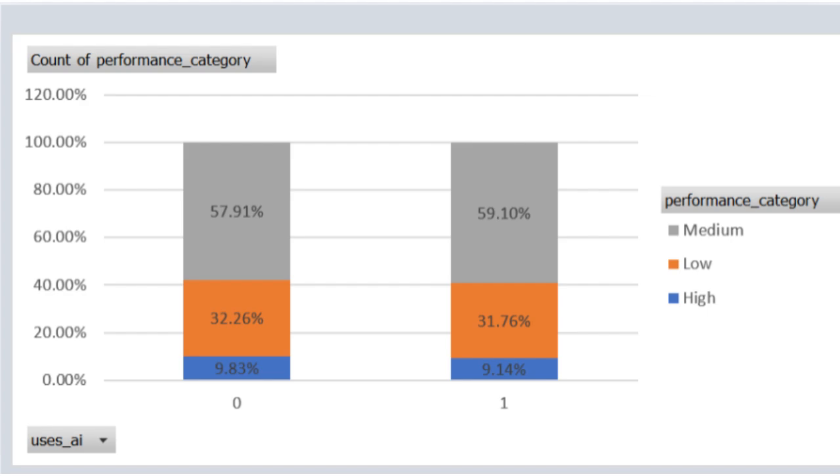So extreme cases decline even when they use AI. Even the students who performed high and the ones who performed low went to the average part. But let's hold on to that thought for a while and validate it with the next chart.